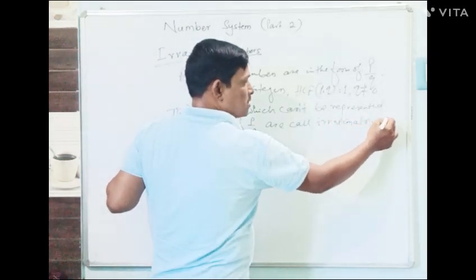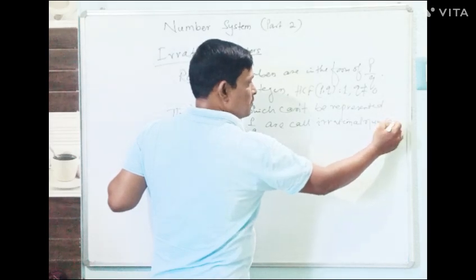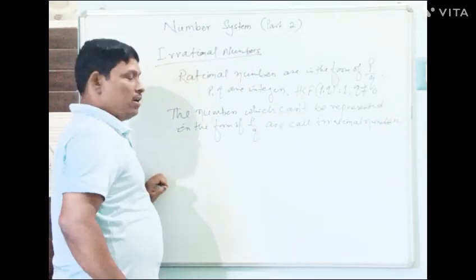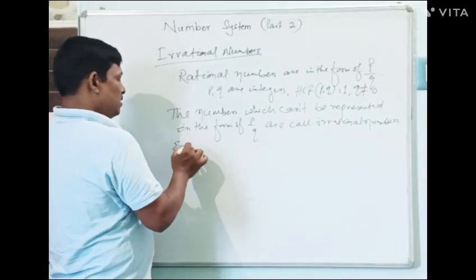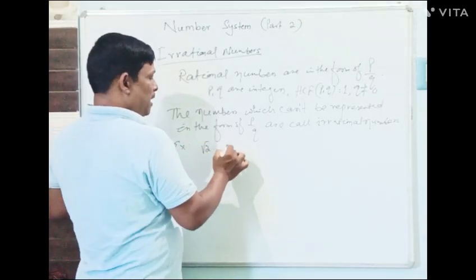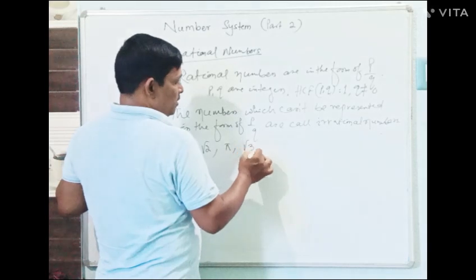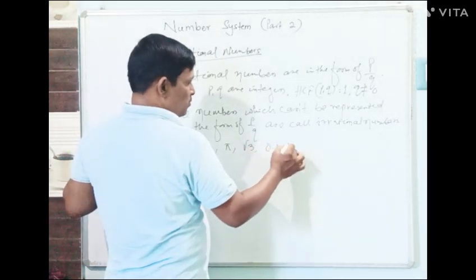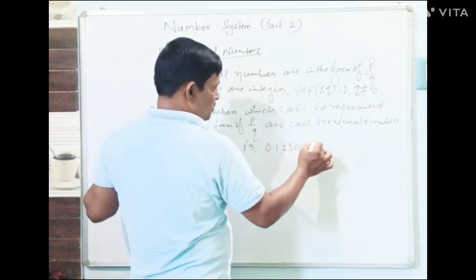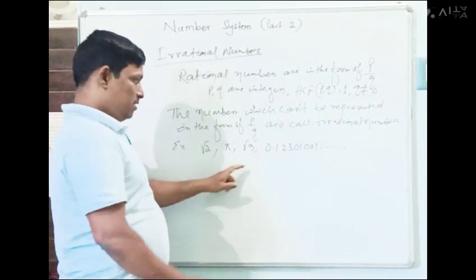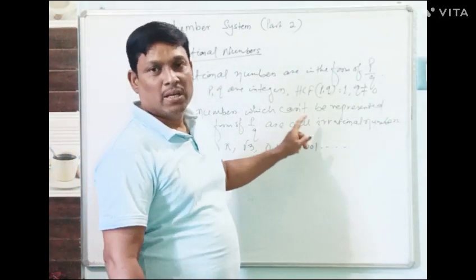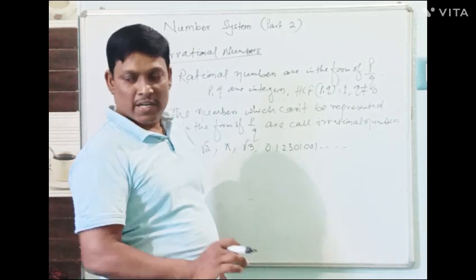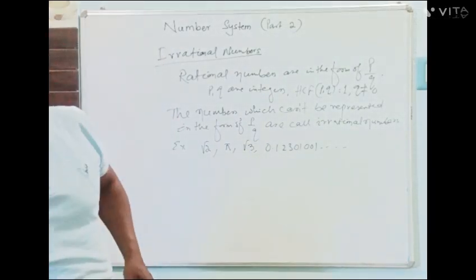Examples are root 2, pi, root 3, 0.123010001 and so on. So these are the irrational numbers. Let us see now.